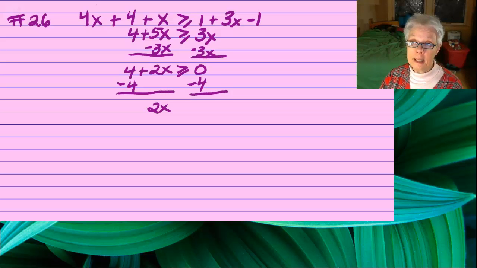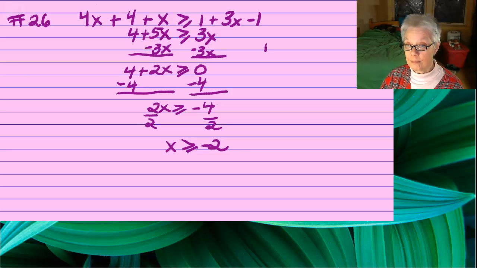So what have we got here? We've got 2x is greater than or equal to negative 4. So divide by 2, and x will be greater than or equal to negative 2. X can be any number greater than or equal to negative 2.